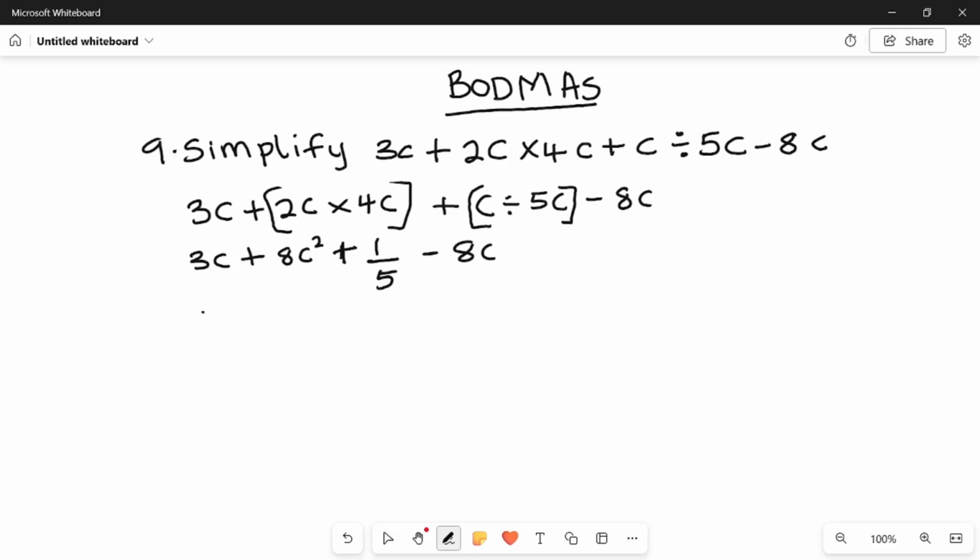We'll have 3c minus 8c. Then we'll bring this one, plus 8c square. Then finally plus 1 over 5. So before that, let's break this down, we'll have 3c minus 8c.